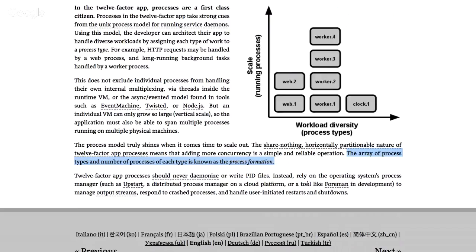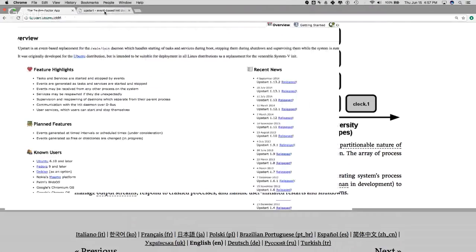So they're saying 12-factor apps should never daemonize, so you cannot run it as a daemon or write PID files. Instead, they should rely on the operating system's process manager to manage output streams and respond to crashed processes. Use a tool like Upstart to orchestrate the processes.